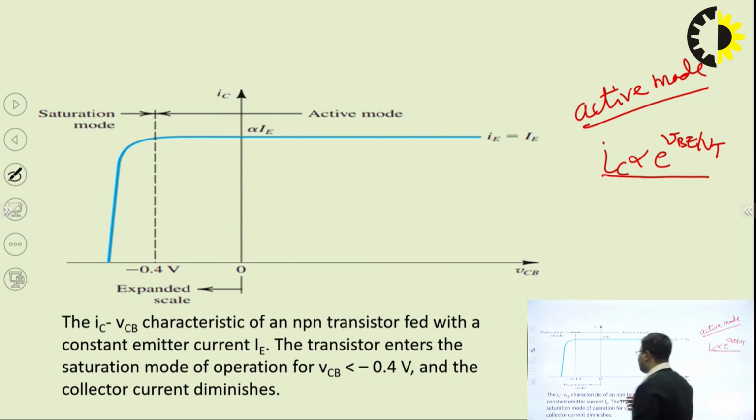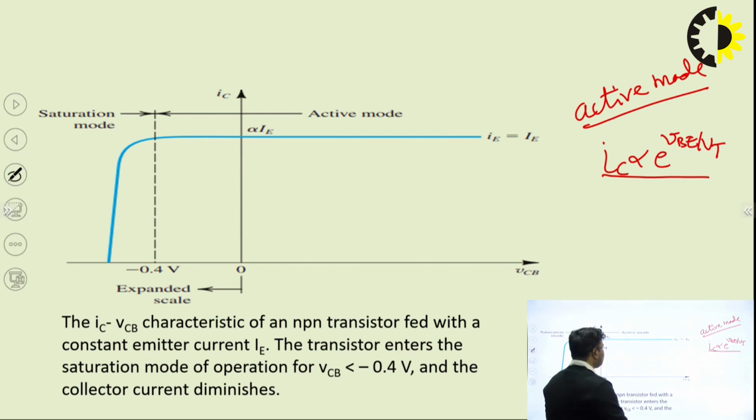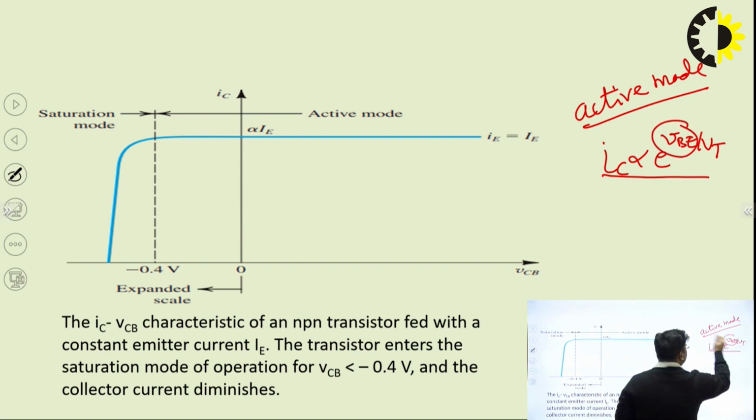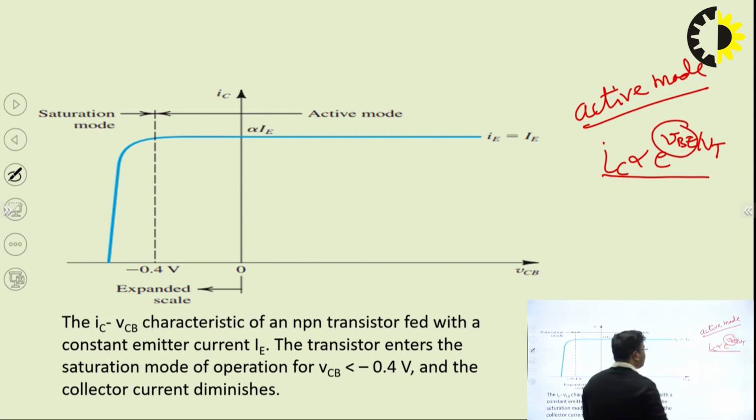So, this is the plot between IC and VCB. If we take IC on the vertical axis and VCB on the horizontal axis, then in active mode operation there will be no variation. Variation in current is found only with varying VBE. If VBE is constant, then IC will not vary. So, this is the active mode operation characteristic.